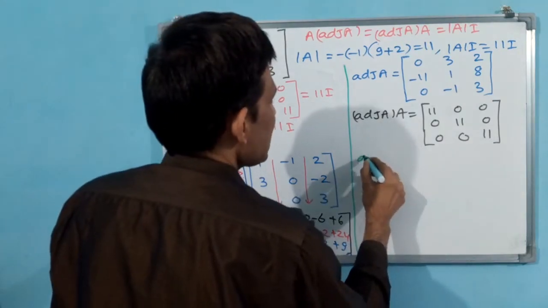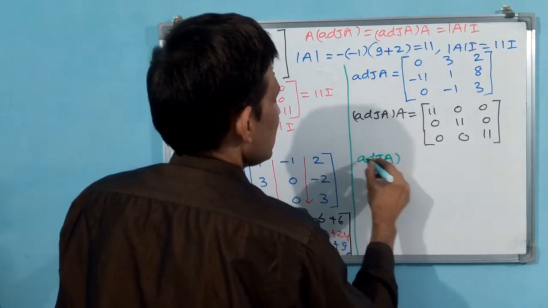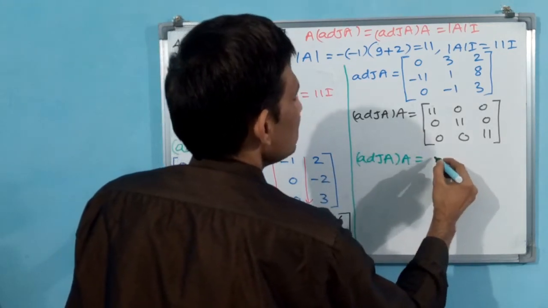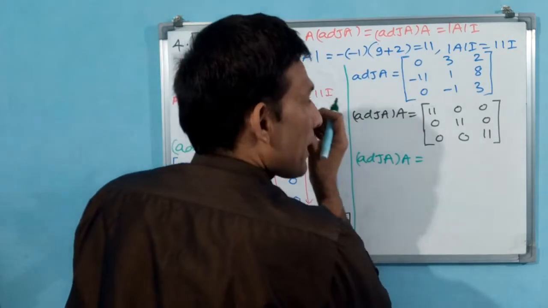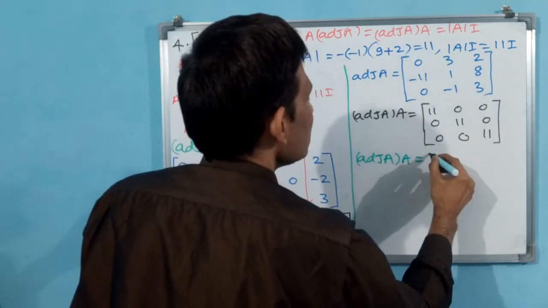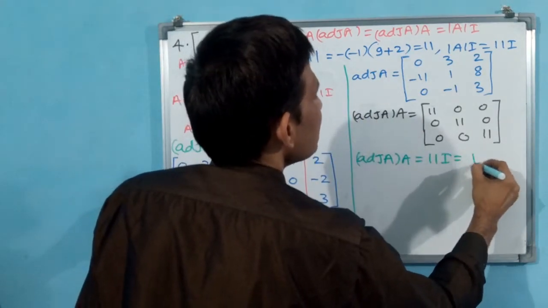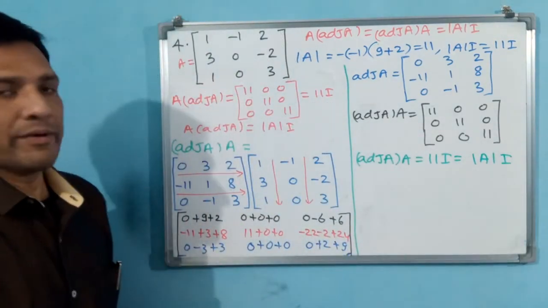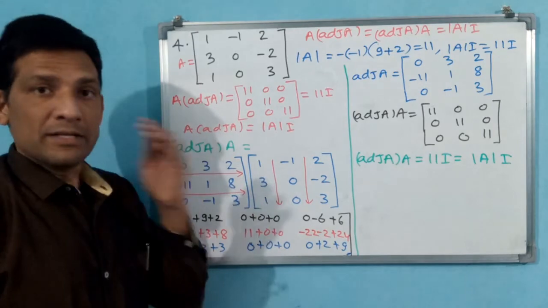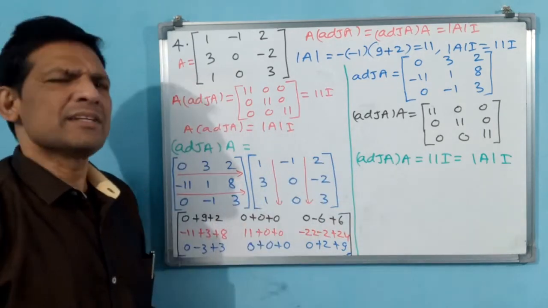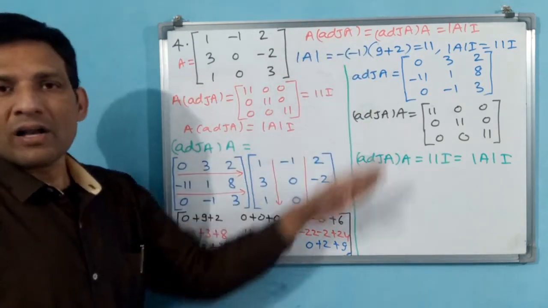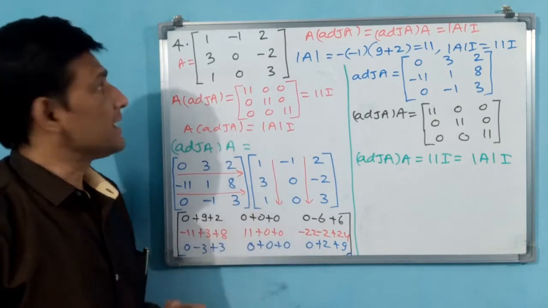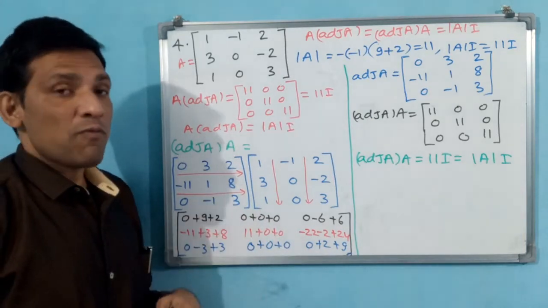Now you can write like this: adjoint A into A is equal to 11. 11 means 11I. That is equal to 11I. That is equal to determinant A I. Okay. Now we can write hence proved. LHS is equal to RHS, hence proved, like that you can write. Why? Because all have come same. 11I, 11I, 11I has come. Okay. This is your fourth question.